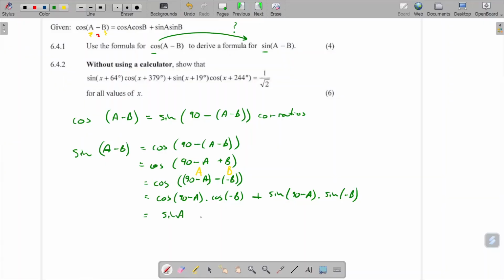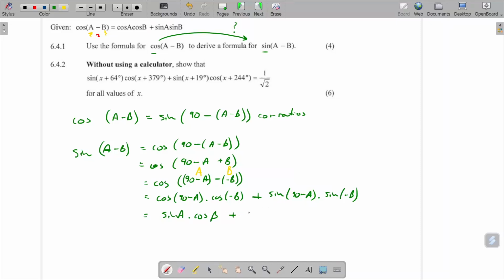We know it's coming. Cos of 90 minus a is sine of a. Cos of minus b is simply cos of b. Fourth quadrant, cos is positive, so cos in the fourth quadrant stays positive.